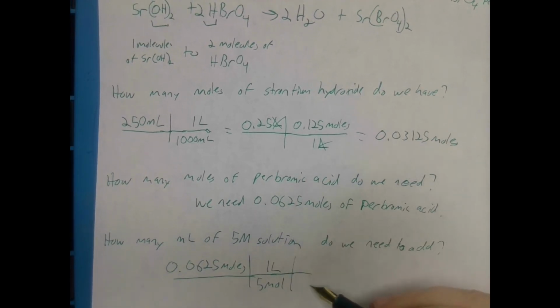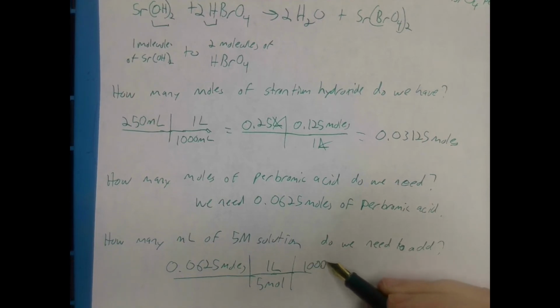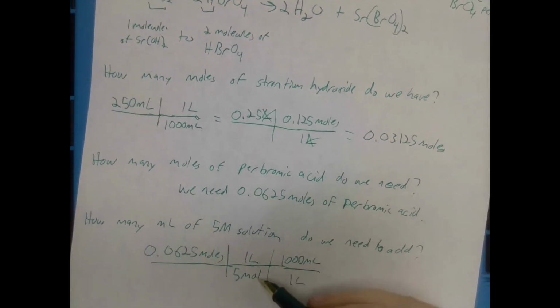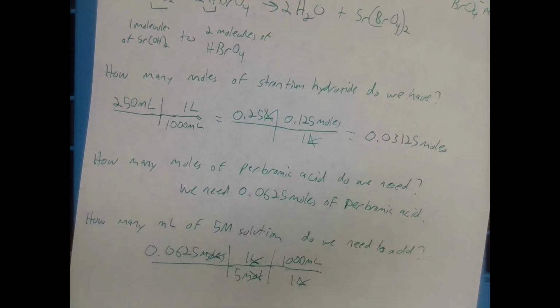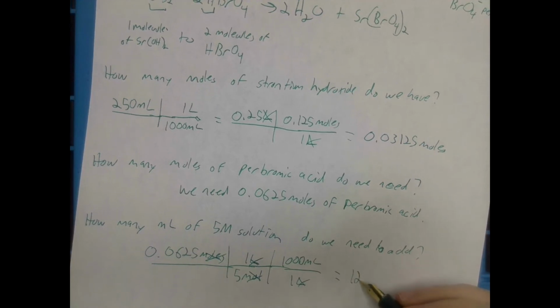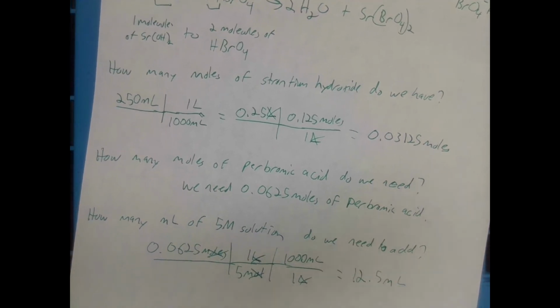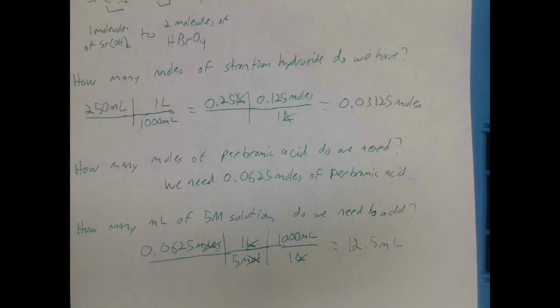And we know that there are 1,000 milliliters in 1 liter. So moles cancel out, liters cancel out, leaving us with milliliters. Thus, we only need to add 12.5 milliliters to 250 milliliters of 0.125 strontium hydroxide to completely neutralize the acid and base and make just water and salt. Make sense?